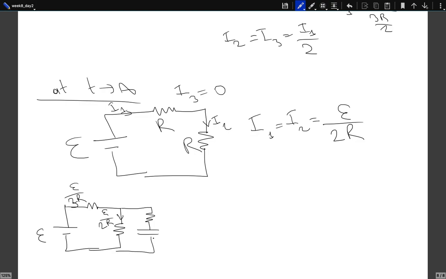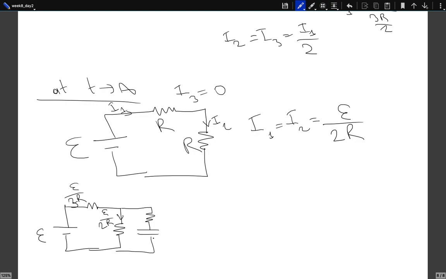Well, let's see. What is the current running through this resistor? 0, at t equal to infinity. There is no current running through the capacitor, so there is no current running through this resistor. So what is the potential change across the resistor? 0, because there is no current running through it.